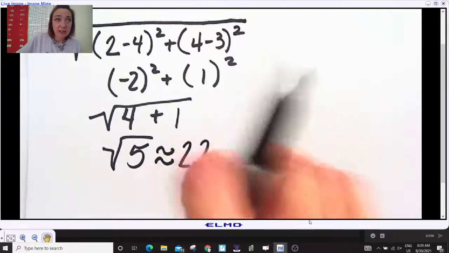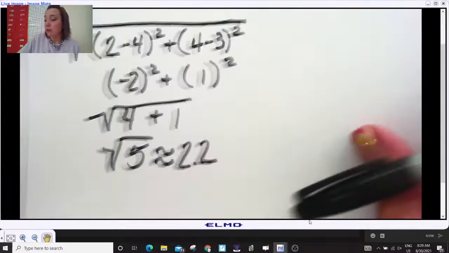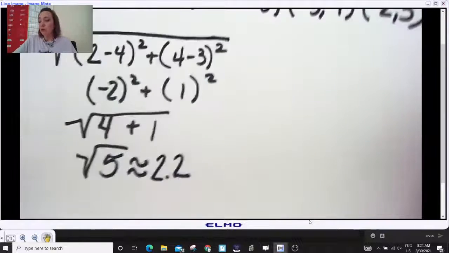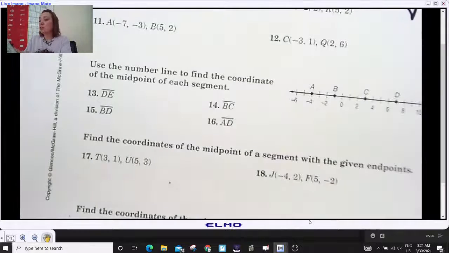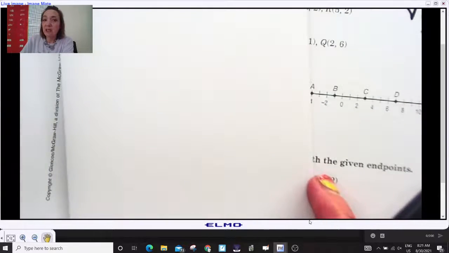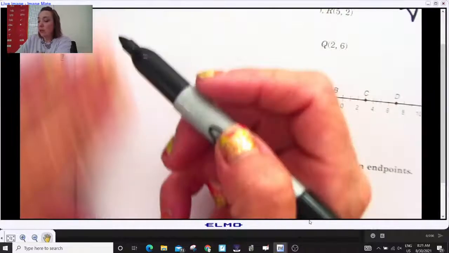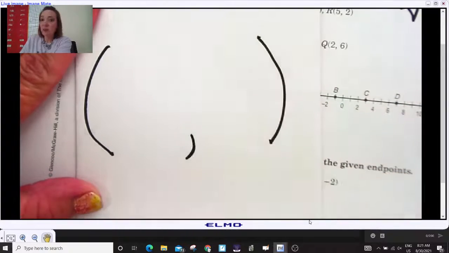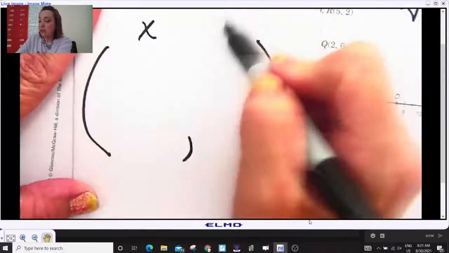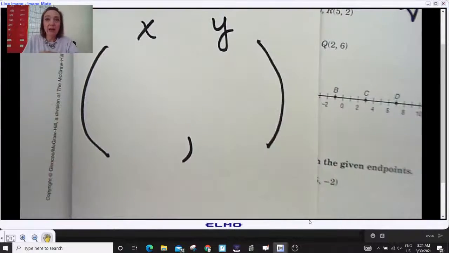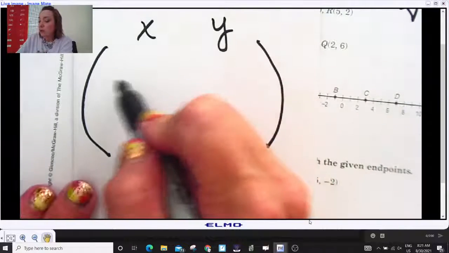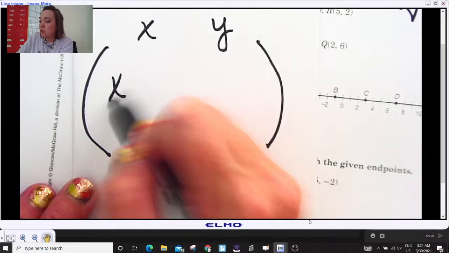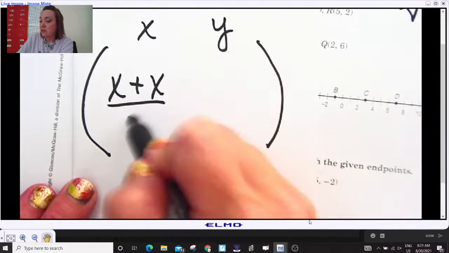Y'all remember this? All right, let's look at midpoint. So remember that the midpoint formula is the one that looks super confusing, but when you break it down, it's really a basic equation, right? It looks confusing because it's in these big old parentheses and it has this comma. But that's just because you're finding a point, an X and a Y. So remember, to do this, you add together 2 X's and divide by 2.